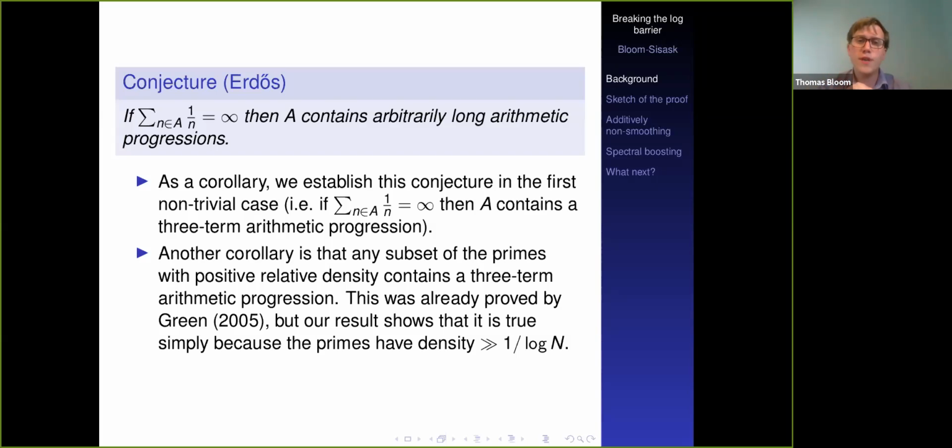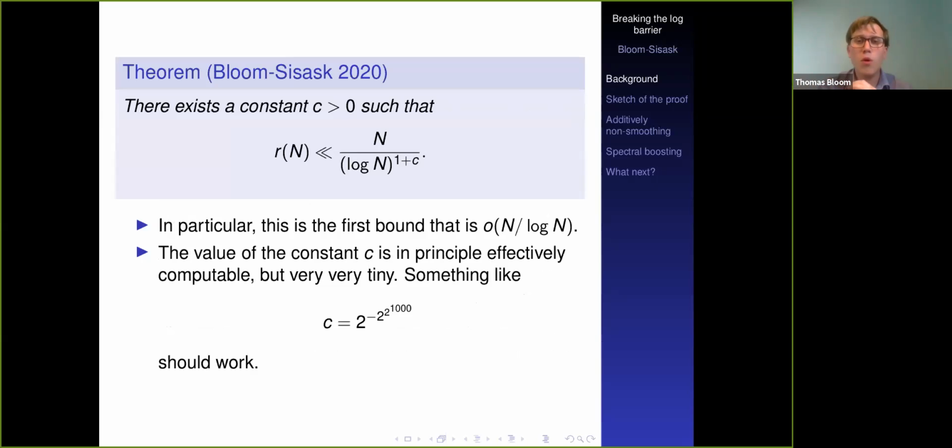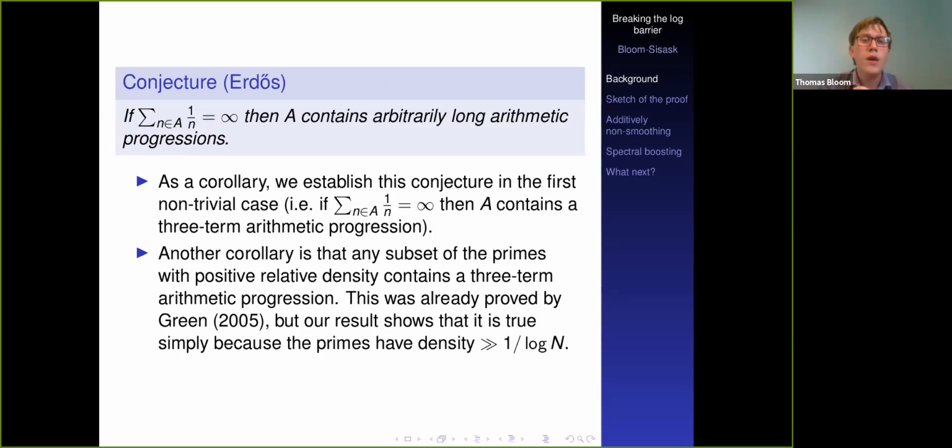So one can show, for example, that if the density of A is larger than 1 over log n to the 1 plus c, then the sum of reciprocals must converge. So if a set of integers contains no three-term progression, then the sum of reciprocals must converge.